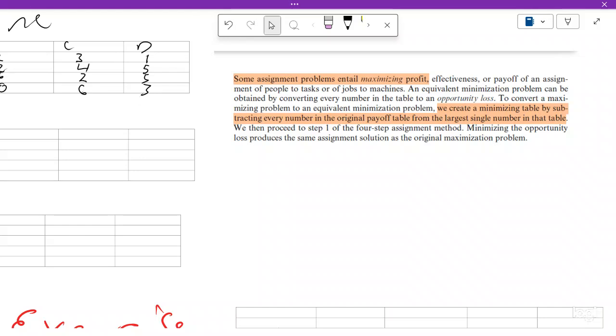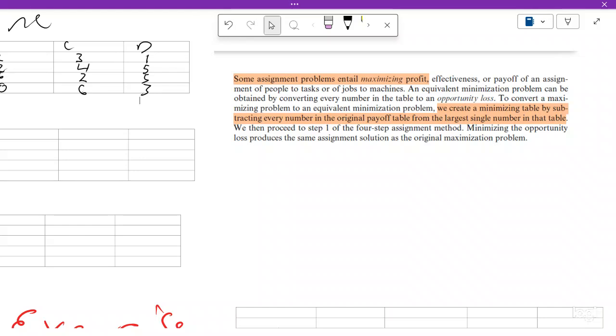To convert a maximizing problem to an equivalent minimization problem, we create a minimizing table by subtracting every number in the original payoff table from the largest single number in the table. We then proceed to step 1 of the 4-step assignment method. Minimizing opportunity loss produces the same assignment solution as the original maximization problem.